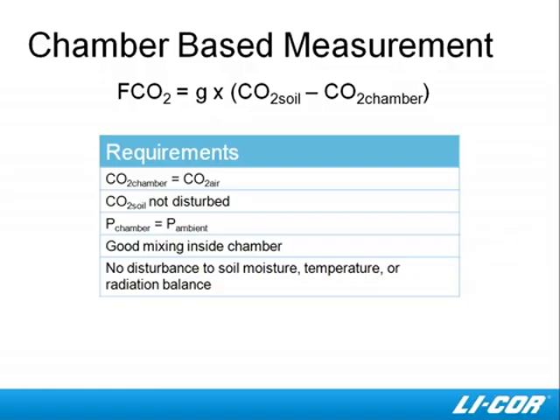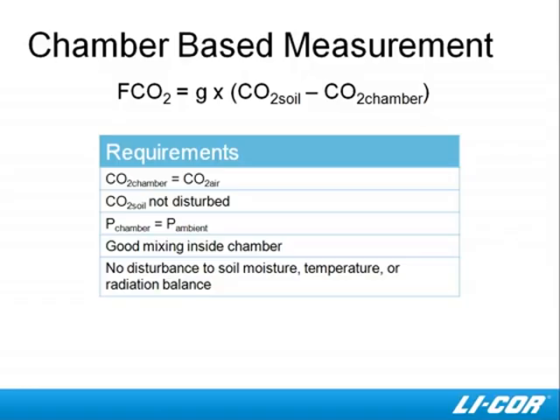We can think about the flux being a function of the CO2 gradient, the difference in CO2 concentration between the soil and the airspace above the soil, times some conductance that describes the ability of that CO2 to move through the soil, and that ultimately gives you a flux. So if we want to know the flux that's going on when our chamber is not sitting over the soil that we're trying to measure, we need to know that the CO2 concentration in the chamber equals the CO2 concentration of the air that would have been there.